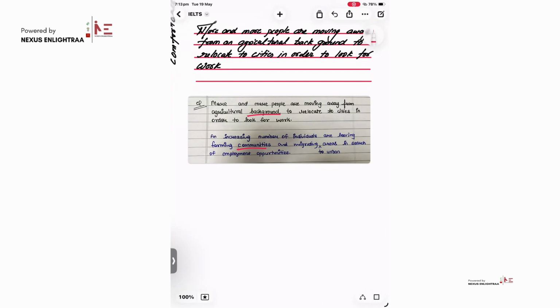I feel that community refers to a group of people living in the same place, and in the question it says moving away from agriculture backgrounds, so I thought that I could use it. Okay. Well, community refers to a group of people.